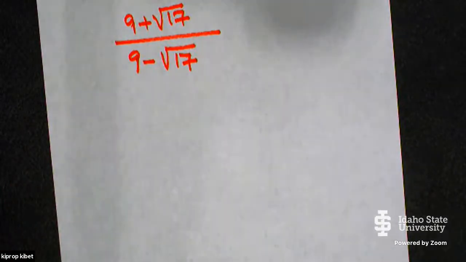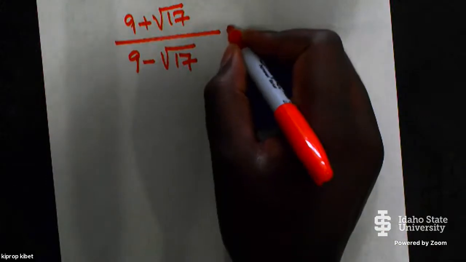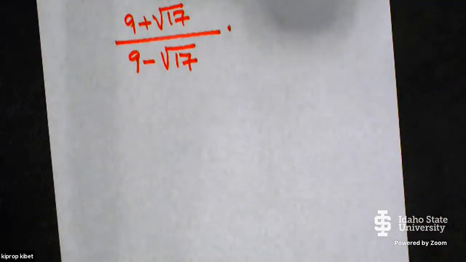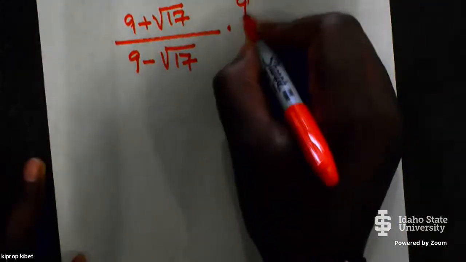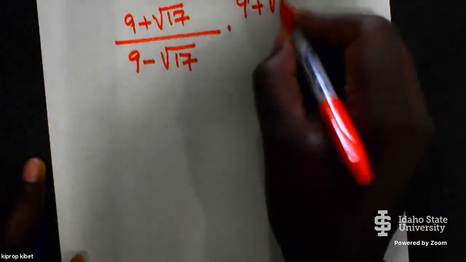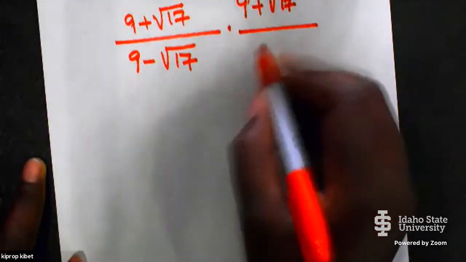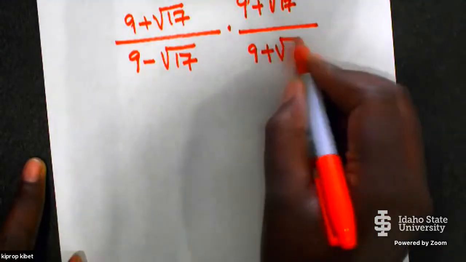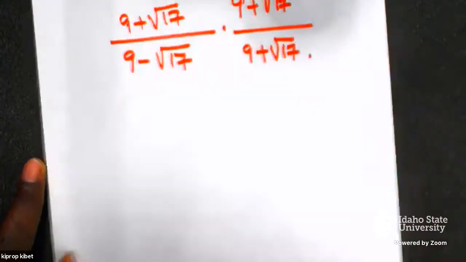So here, you multiply by the conjugate of the denominator. So you multiply by 9 plus the root of 17 all over 9 plus the root of 17.